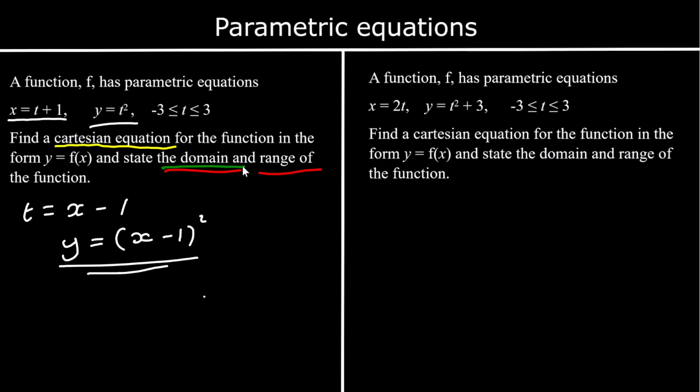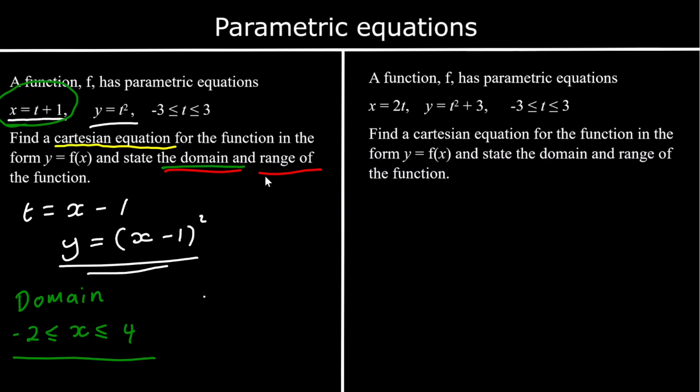So for the domain, that is what x can be. So if we look at our x equation, t can be between -3 and 3. So if it's -3, we get out -2. And the biggest thing it can be is 3 plus 1, which is 4.